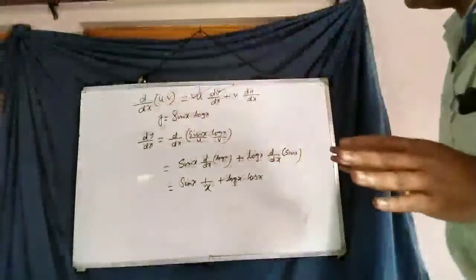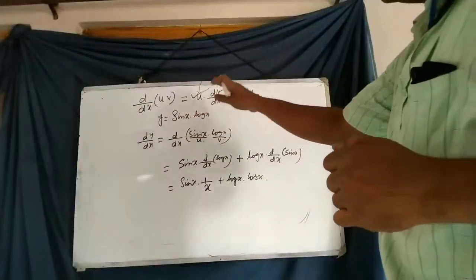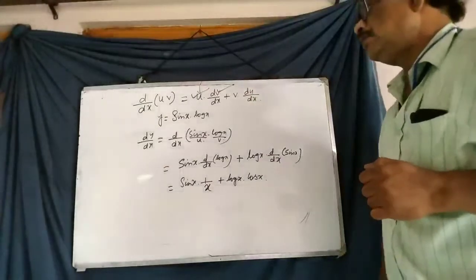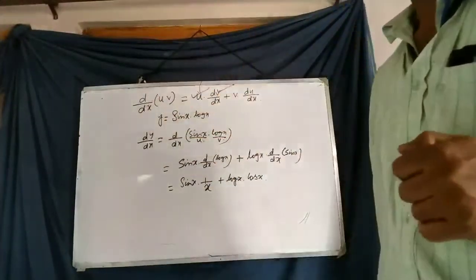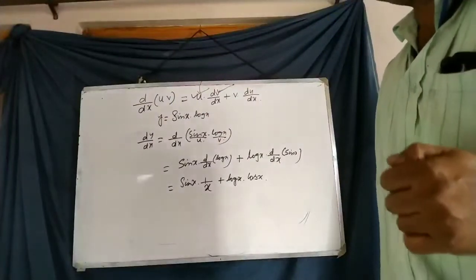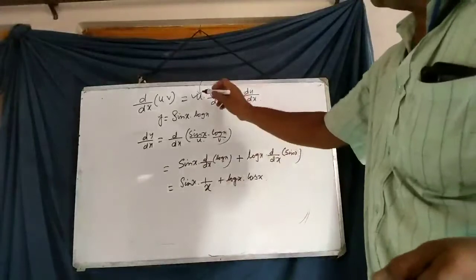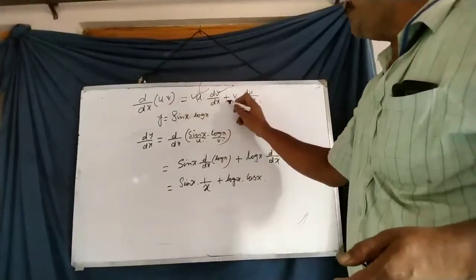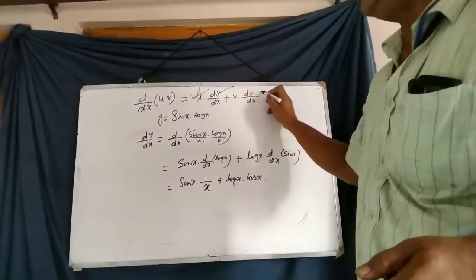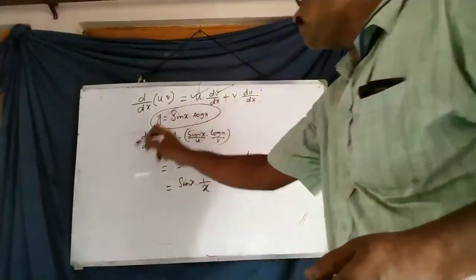Again, what's the function? Again, I am telling you, the function is y is equal to sin x into log x. We have a formula d/dx of u into v. When u and v are the functions of x, in this formula, u unchanged, derivative of v plus v unchanged, derivative of u. Now, look at the given function.